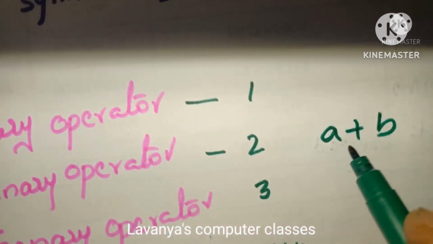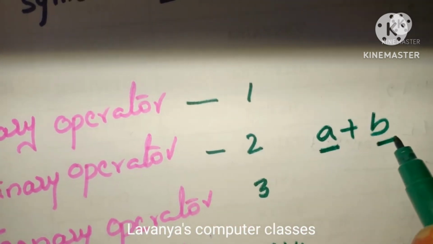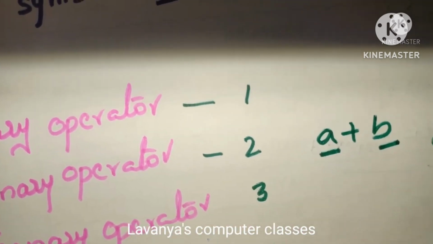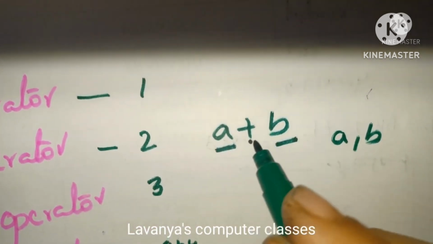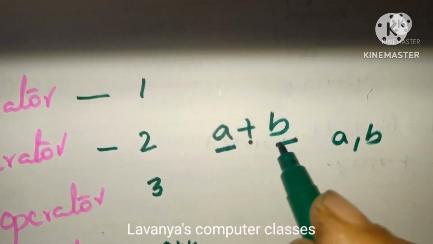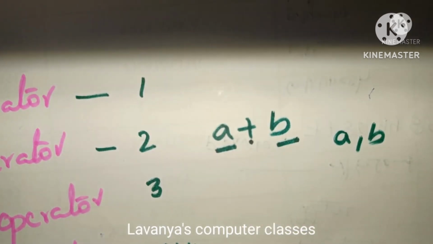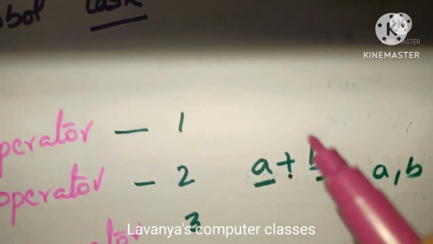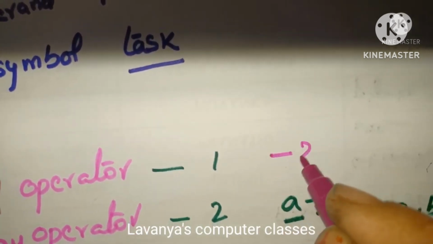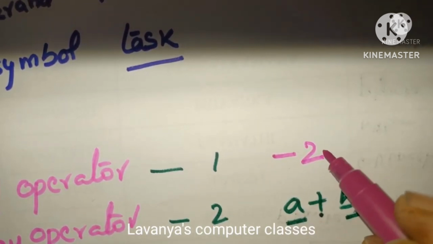In a plus b, a, b are operands and plus is an operator. Here plus is working on two operands, a and b. That's why it is called a binary operator. In 2 plus 3, we require a minimum of two numbers. Unary means only 1, see minus 2.